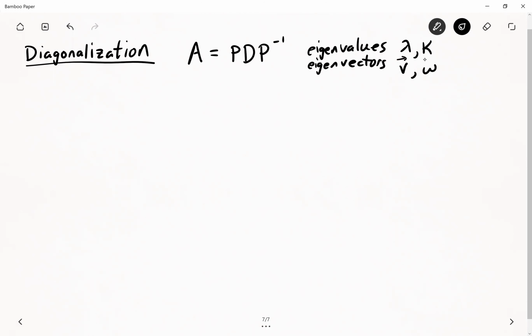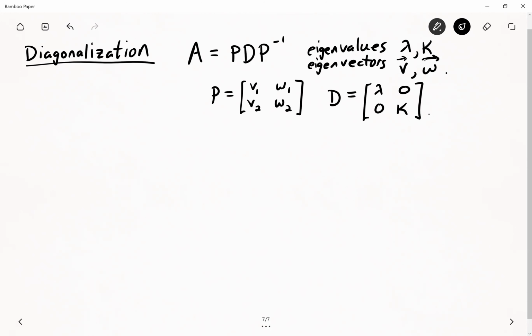Now recall that diagonalization involves writing a matrix A in the form P times D times P inverse, where we have eigenvalues, let's say lambda and kappa, and eigenvectors associated to these, let's call them V and W. In this case, P is the matrix with eigenvectors as its columns, and D is a diagonal matrix along the diagonal has the eigenvalues.